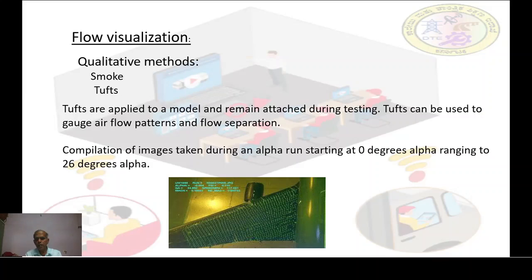On the figure, smoke has been introduced at the corner of the fuselage and leading edge extension to visualize the vortex generated by the LEX.